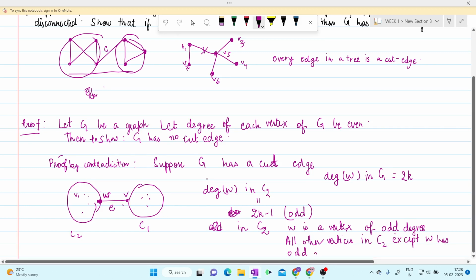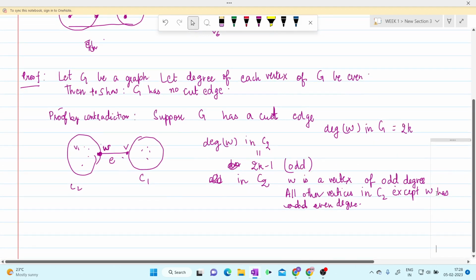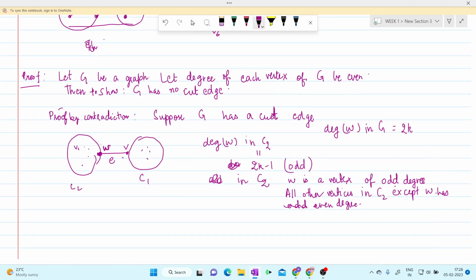So can this happen? What do you think? Is it possible that a subgraph of G has one vertex of odd degree and all other vertices of even degree?